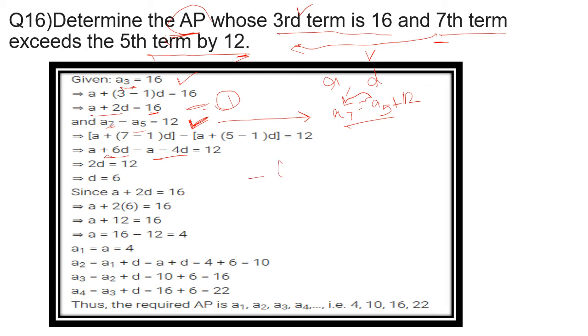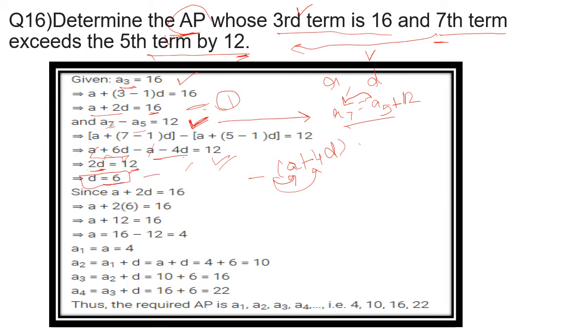So when you open this bracket, A plus 4D, the signs of the inner terms will get changed. So it will be minus A and minus 4D. So A plus 6D minus A minus 4D is equal to 12. Now A and A will get cancelled out. 6D minus 4D is 2D, equal to 12. So D will be equal to 6.